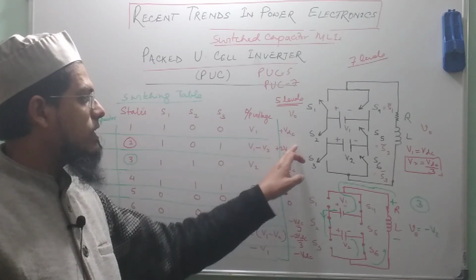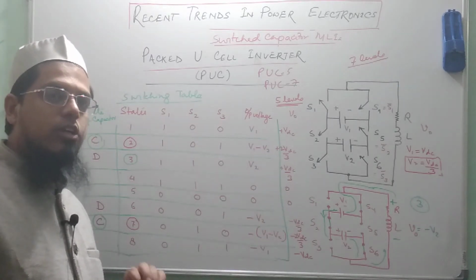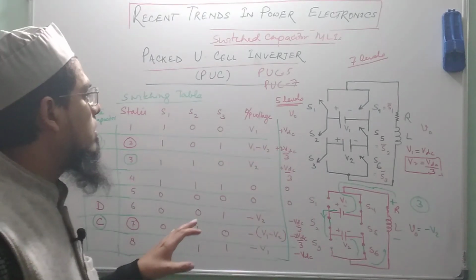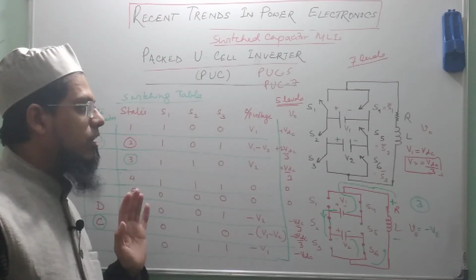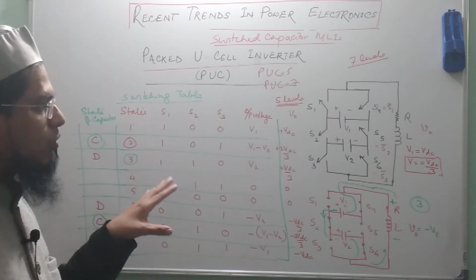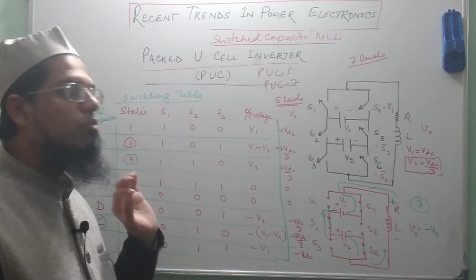So, there is a difference in the levels in the positive and negative half. That means we cannot just without any control keep the voltage across the capacitor equal to VDC by 3.